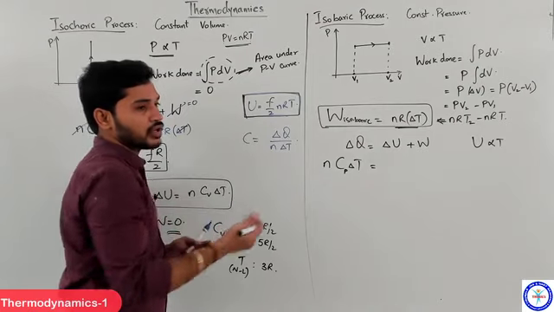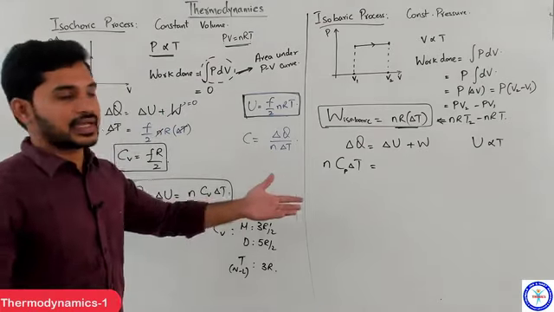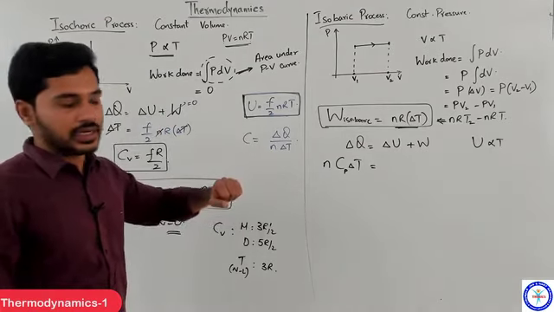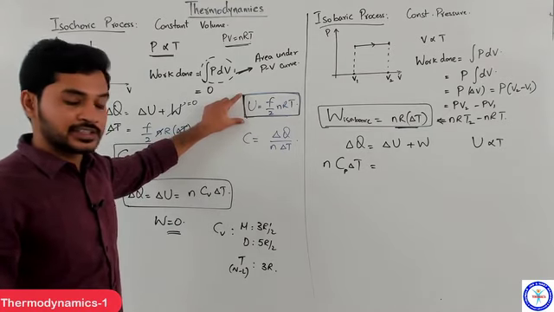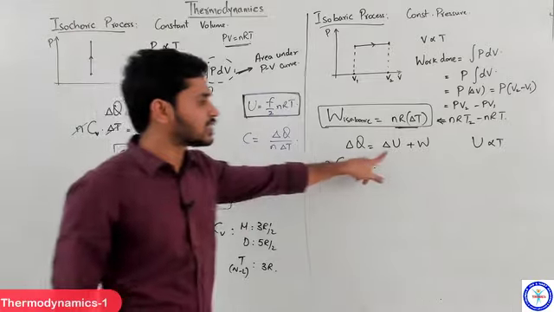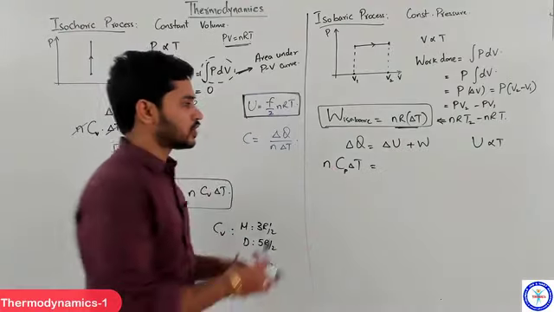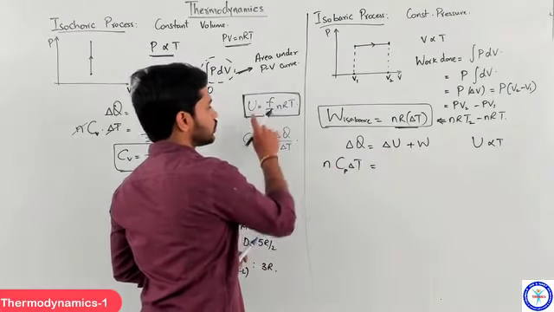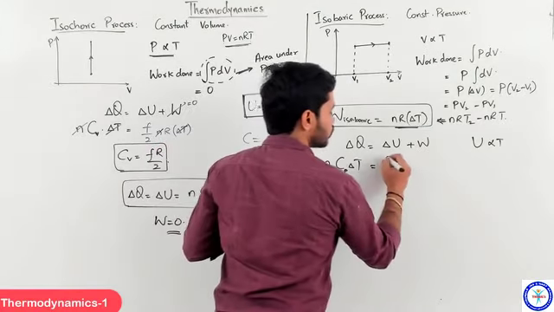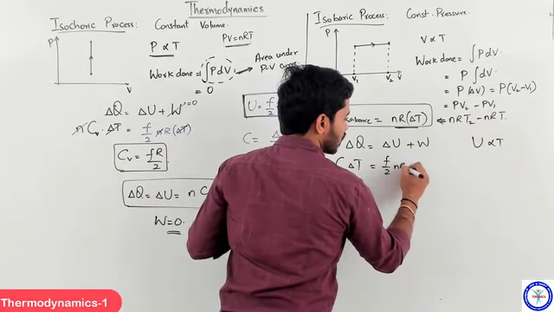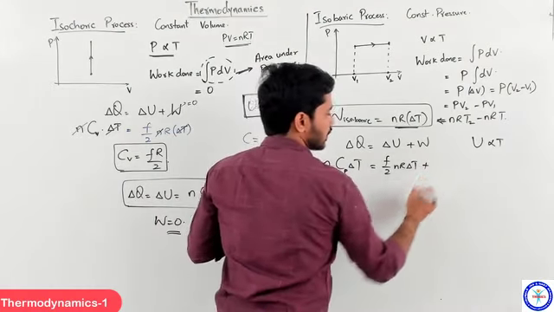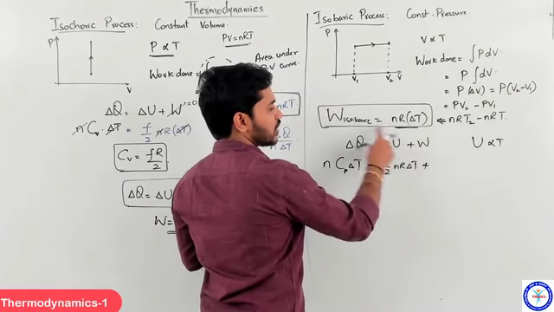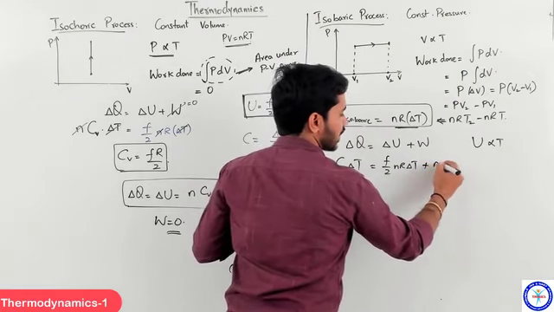It doesn't depend on which process the gas is being taken through, right? This is always the formula for internal energy of the gas. So change in internal energy will also always be the same. So even here I can write delta U as f by 2 nR delta T. Clear? Plus we already calculated the expression for work done in the isobaric process, which is nR delta T.